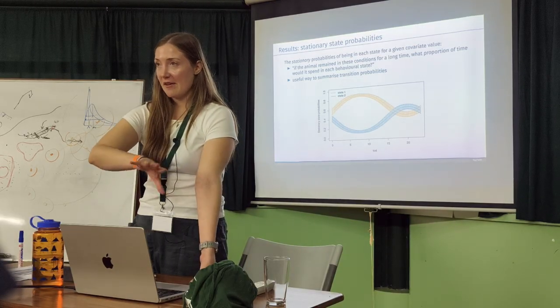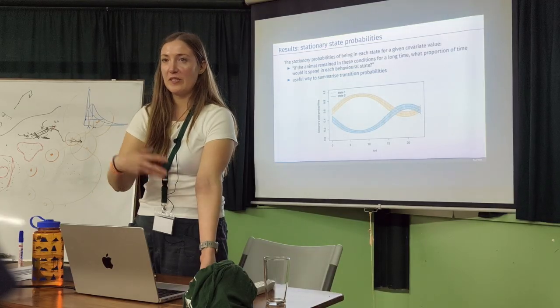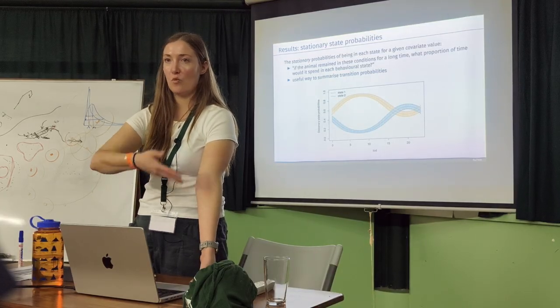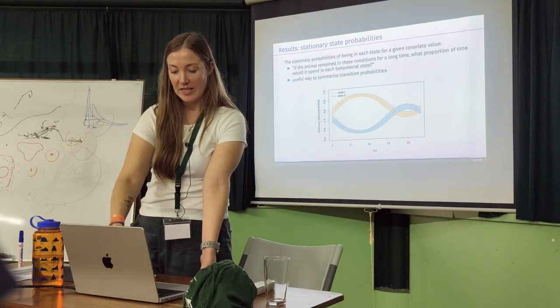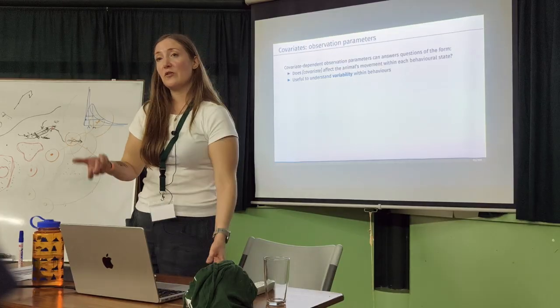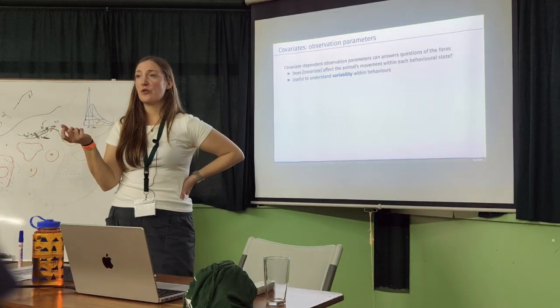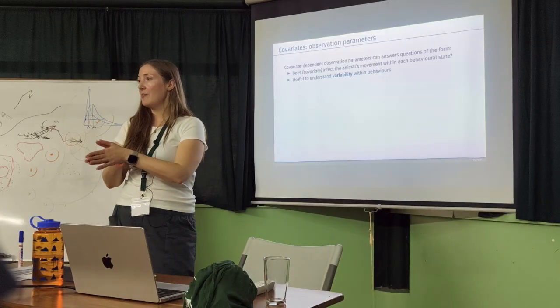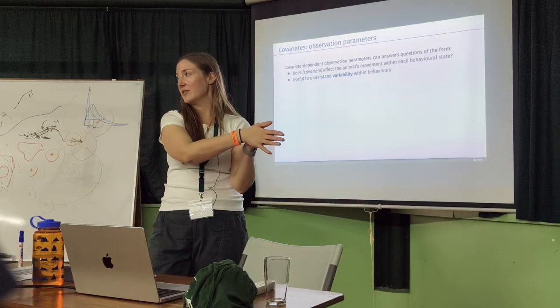I think these are definitely the most common covariates that people use, on the transition probabilities, because people are often interested in what drives animal behavior, or how we can explain the patterns of animal behavior. But we can also put covariates on any of our observation parameters. The observation parameters, again, would be the step mean, the step standard deviation, the turning angle mean, and its concentration.